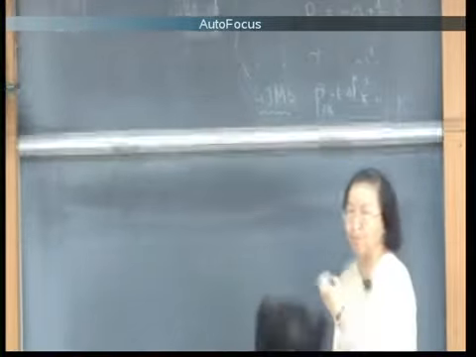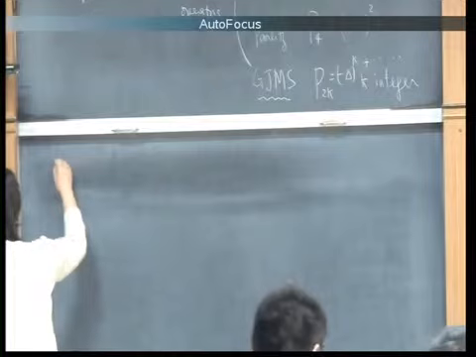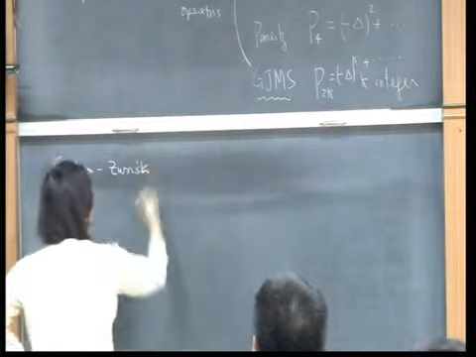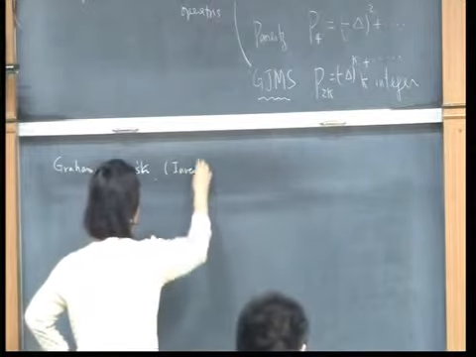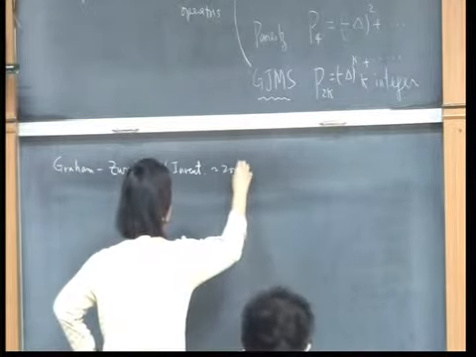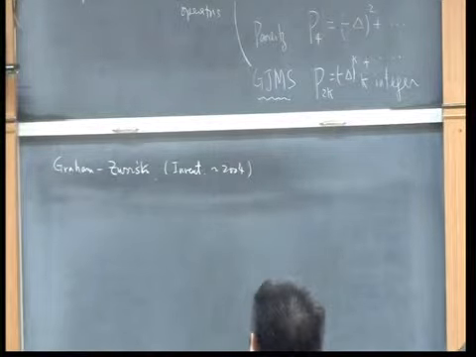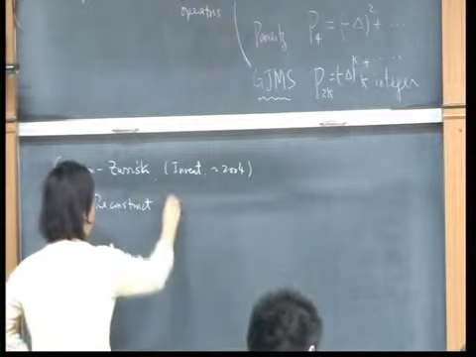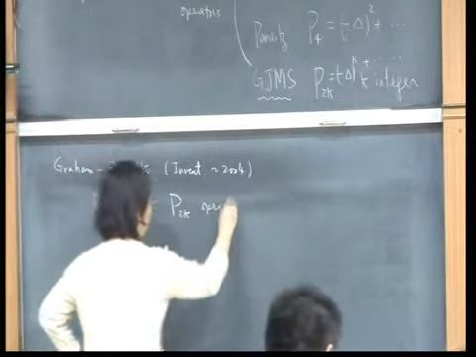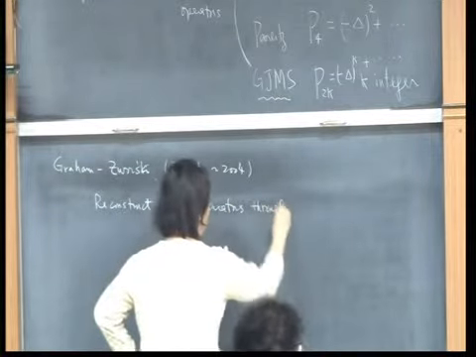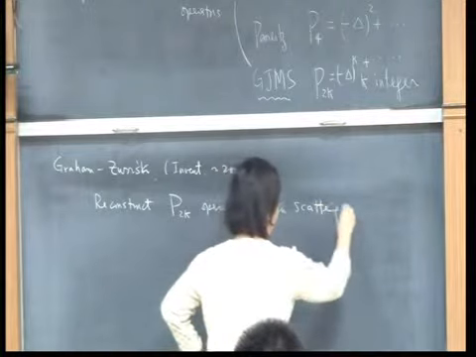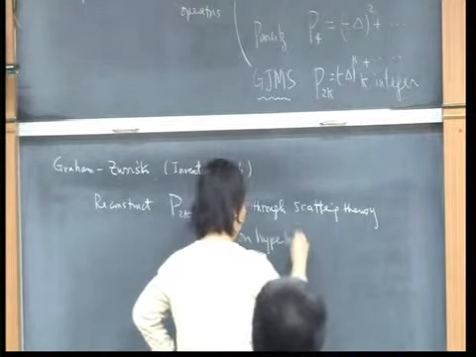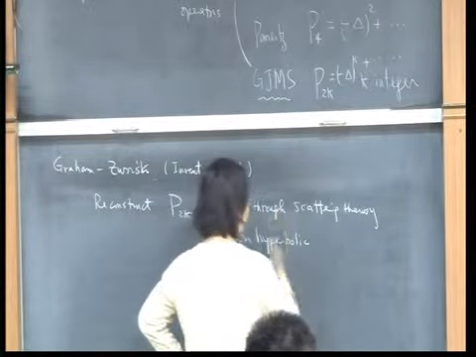Okay. And that turns out to be the case. GJMS constructed their P2K operators using a very constructive method, but there is this paper by Graham and Zworski, in a paper in Inventiones around 2005 or so, or maybe 2004. They began to reconstruct the existence of P2K operators through scattering theory on a conformally compact Einstein manifold, a hyperbolic manifold.